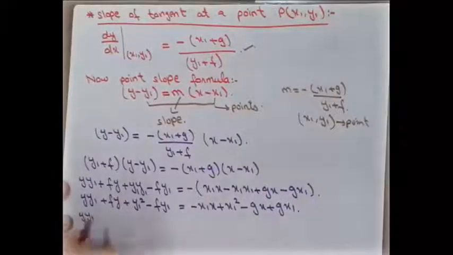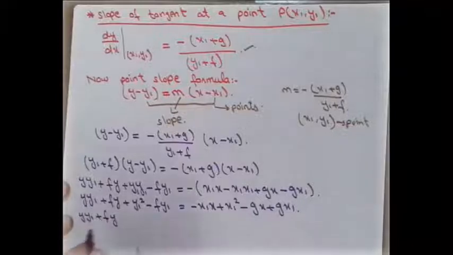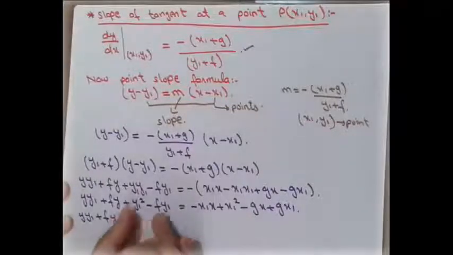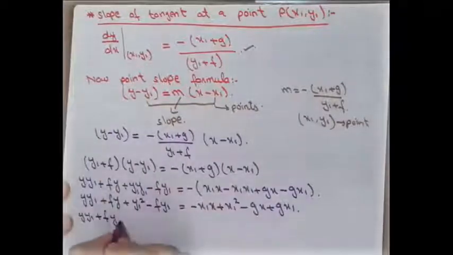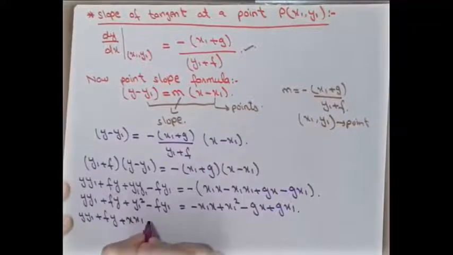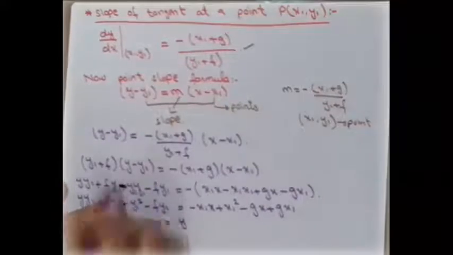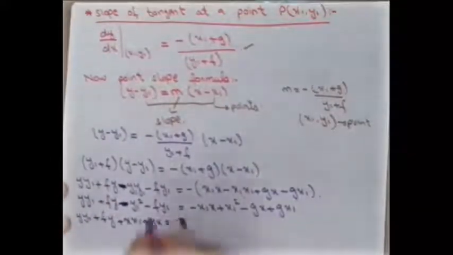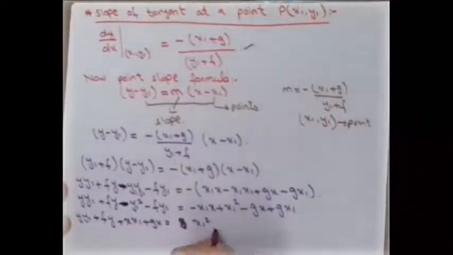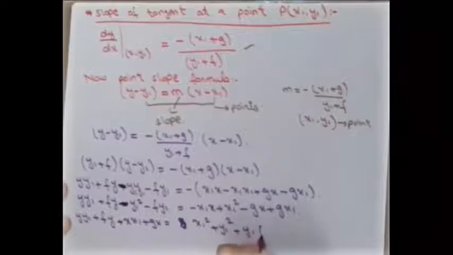So y y1 plus fy, and moving these two factors to this side and taking these factors to this side, it will be x x1 and plus gx, and here as there is a negative, it will again be a negative, so we can write it as x1 square plus y1 square plus y1f plus x1g.